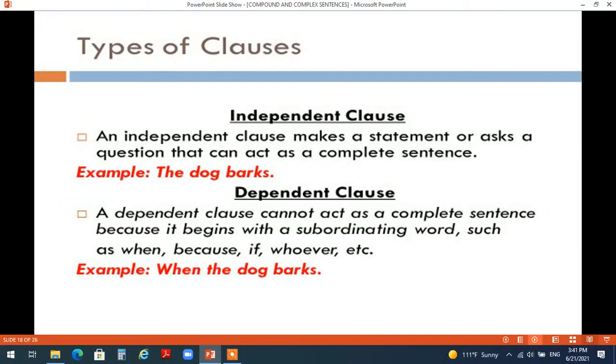Now, again, we have two types of clauses regarding the type of the sentence. Either we have independent clause اللي هي عبارة فعلية مستقلة.